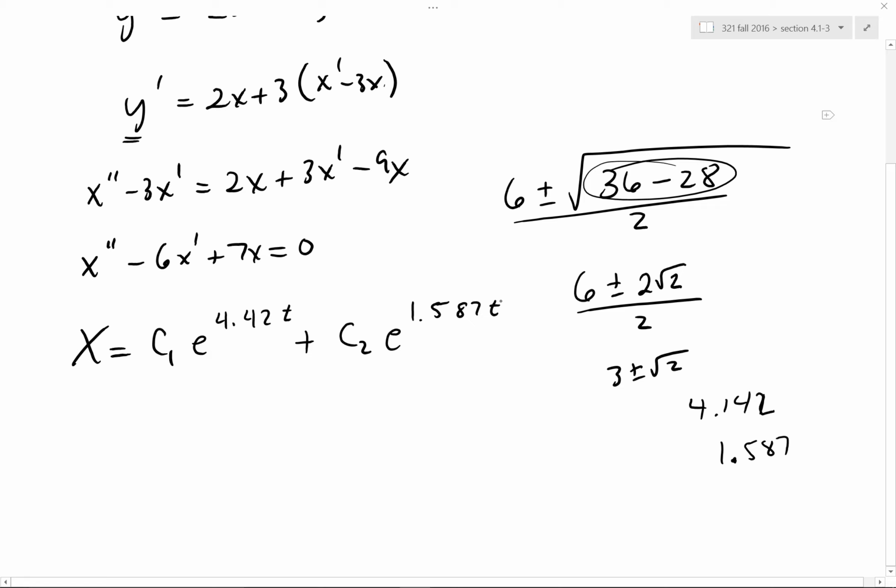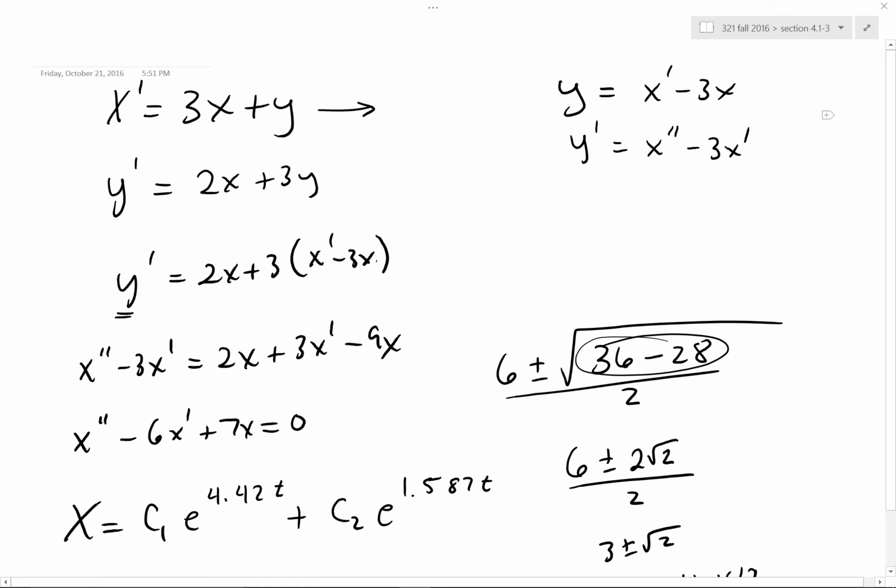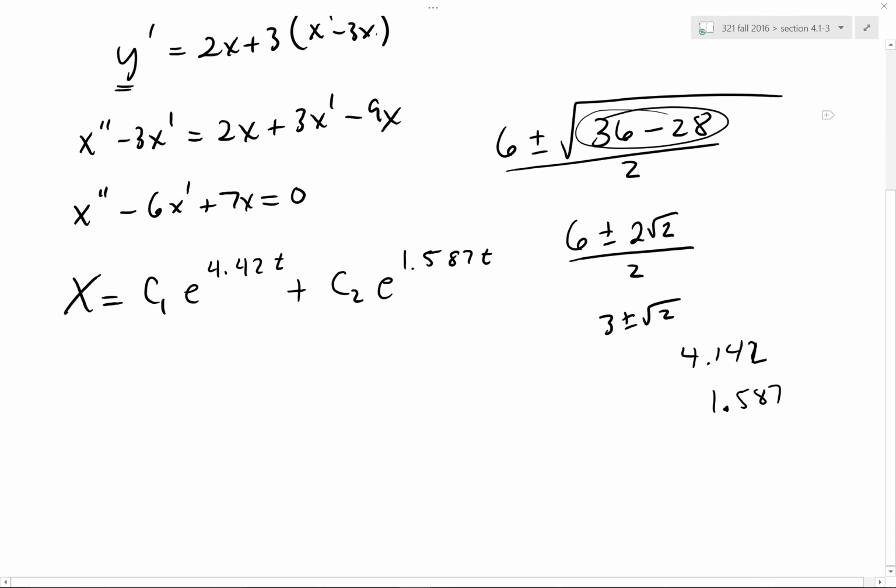So that's x. Okay. Now what is y? Well, y is the derivative of x minus 3 times x. Brother. So there's got to be a better way. Yes? Well, okay, maybe there is, maybe there's not. So I'm going to go ahead and do it this way because it's not terribly hard to do it this way.